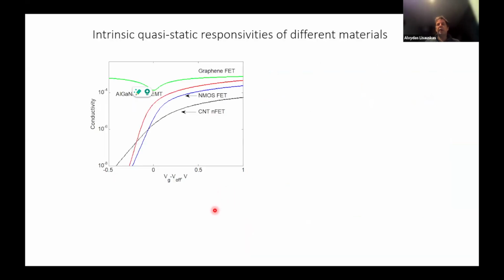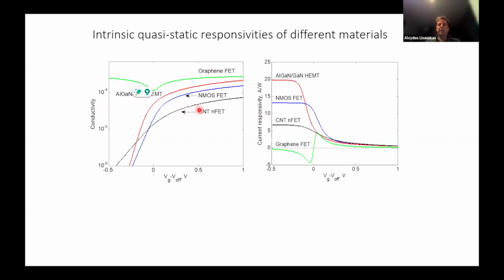Now, I would like to say that there is almost no difference which material system you use, as long as you describe the same physics or the same transport mechanism. Those are conductivity curves of very different devices, like MOSFETs, aluminum gallium nitride HEMTs, graphene FETs, or CNTs.